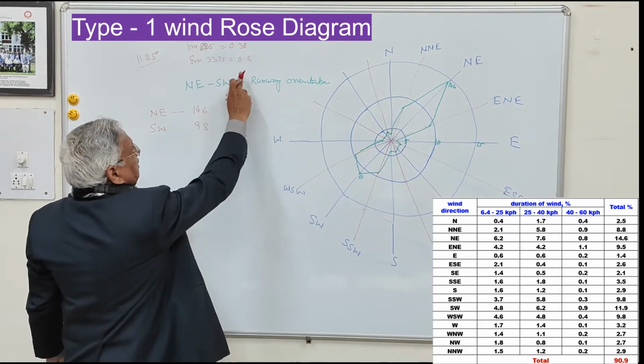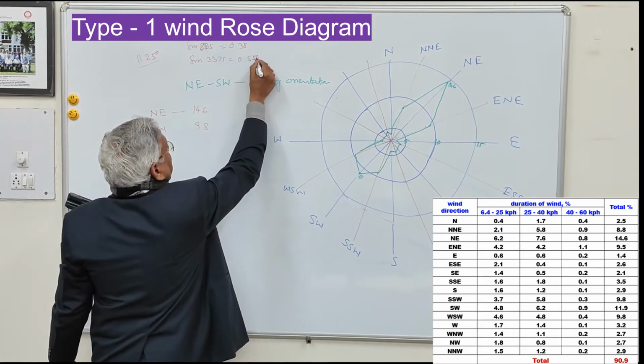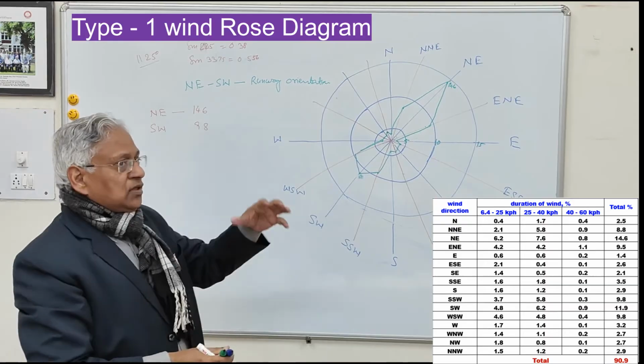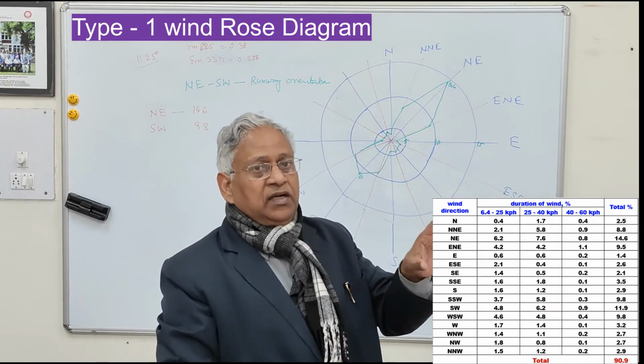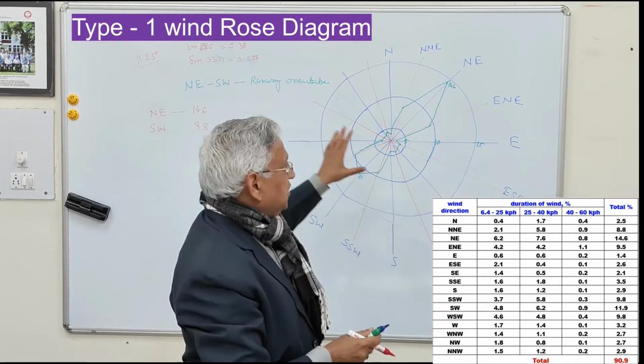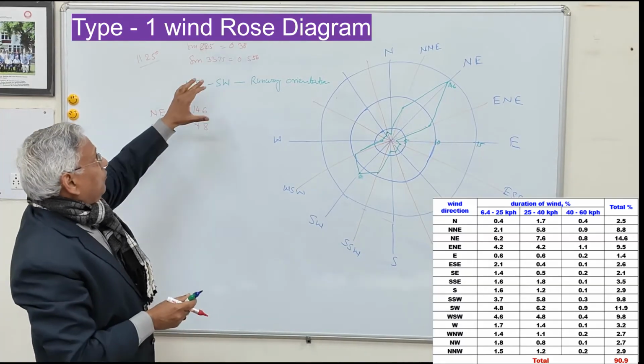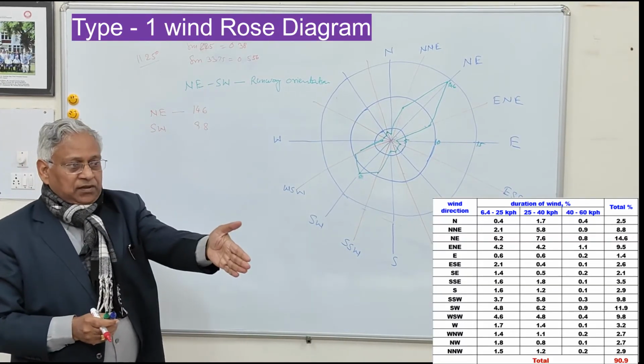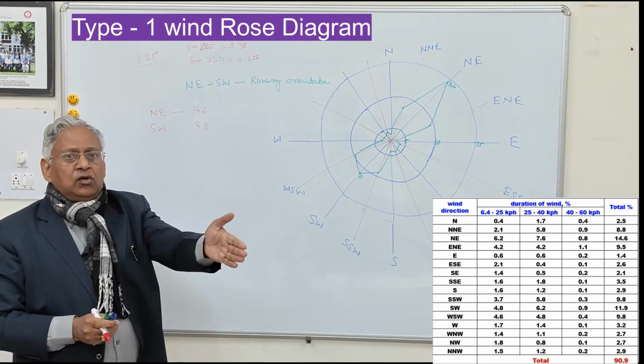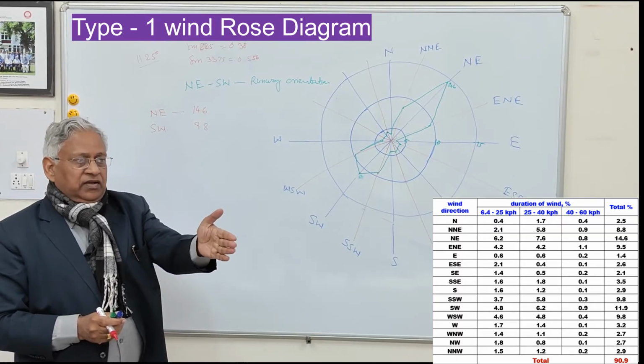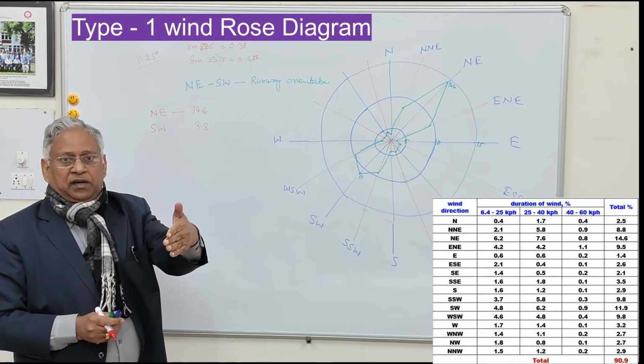that is 33.75, sine is 0.556. So even if the wind is very strong, say 60 km per hour or 40 km per hour, because if you see this table, there is a very small duration of time in a year when the wind is above 40 km per hour.